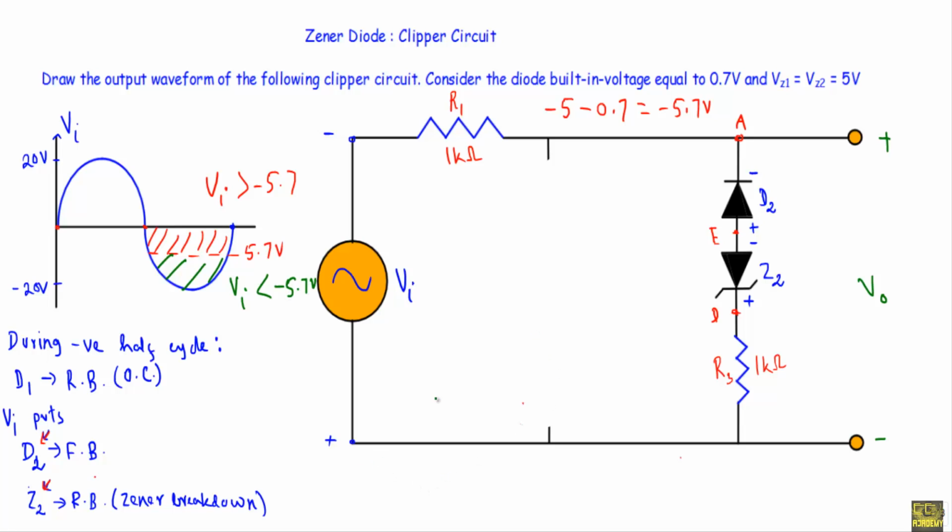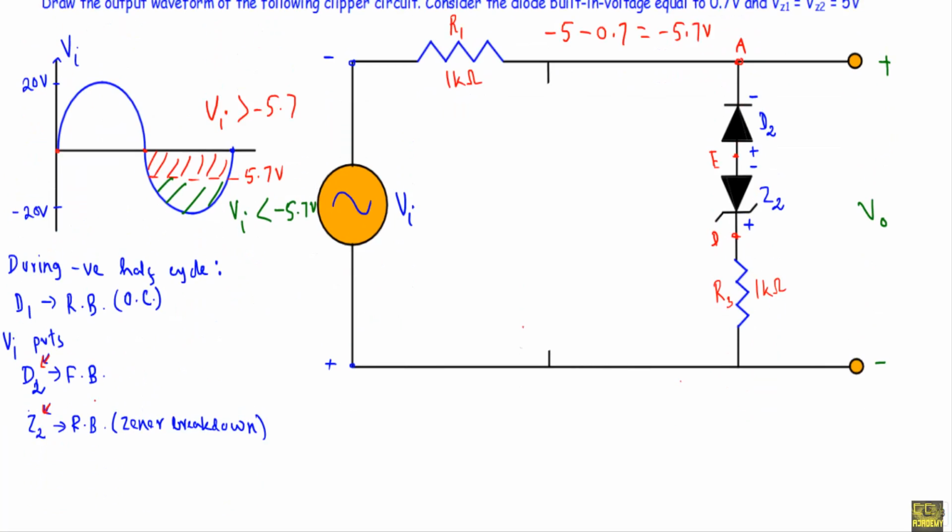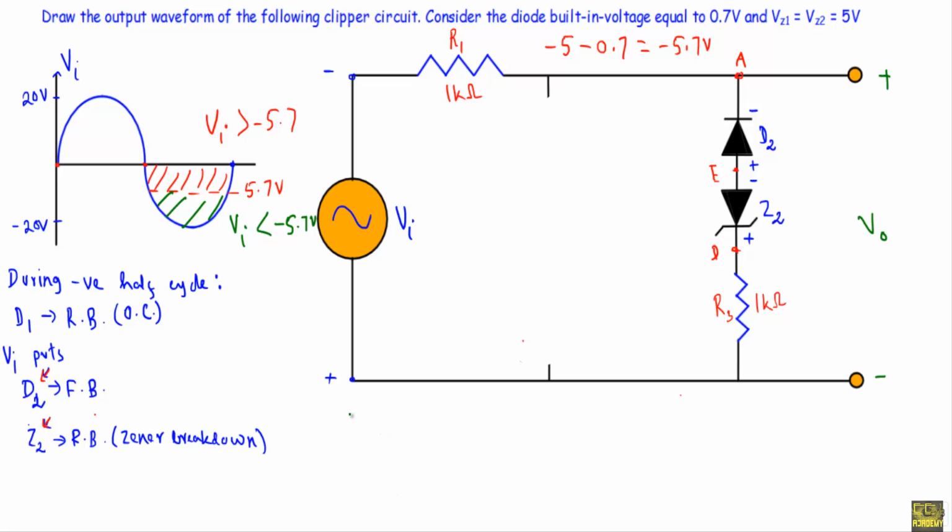Now see, when Vi is less than -5.7 volt, we will get -5.7 volt between this terminal and this terminal. As a result, the diode D2 will be in forward bias and our Zener diode Z2 will operate in Zener breakdown region. That means both of the diodes D2 and Z2 will conduct. Therefore, I will get current conduction.